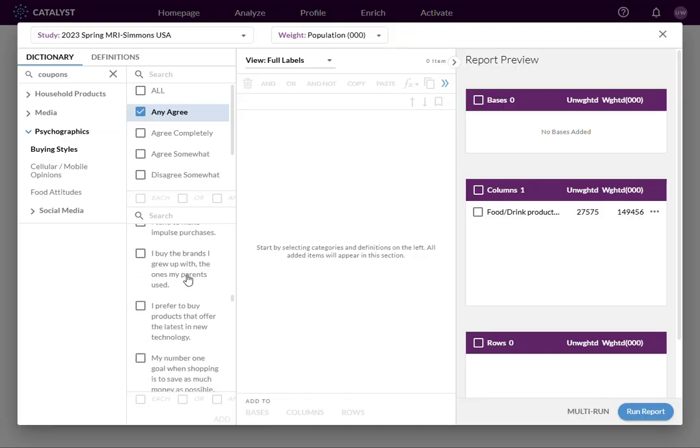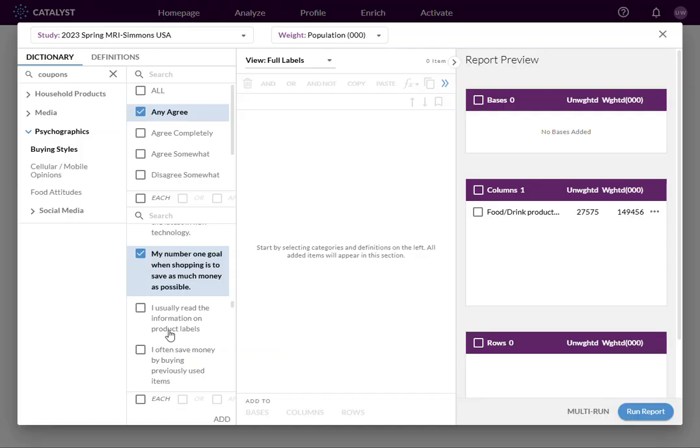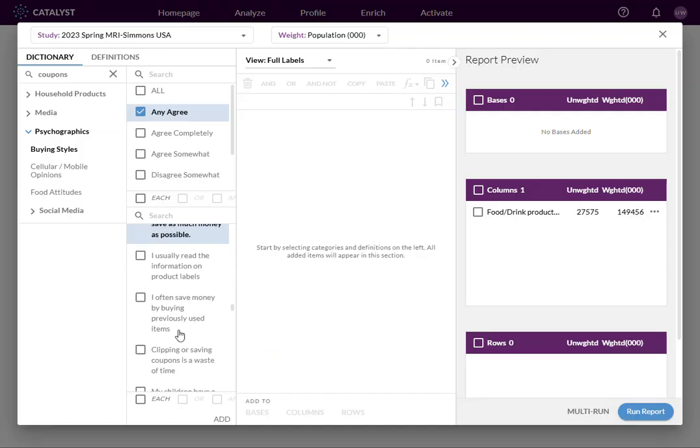I tend to make impulse buys, buy the brands I'm used to. My number one goal in shopping is to save as much money as possible. So those people might be using coupons. I usually read the information on the product label. I often save money by buying previously used items, probably not for ground beef. Clipping or saving a coupon is a waste of time.